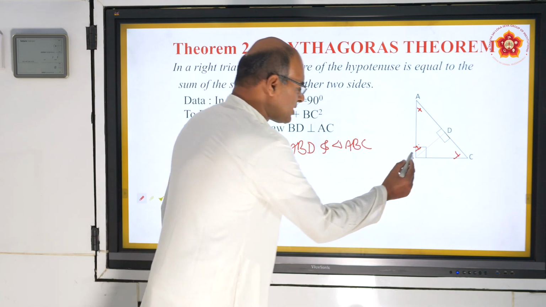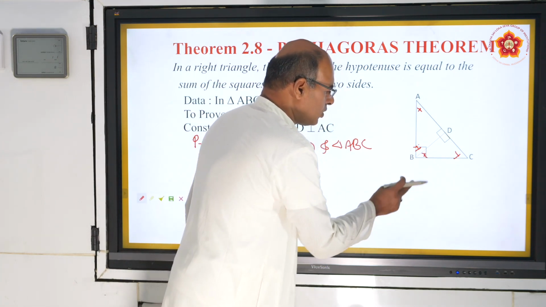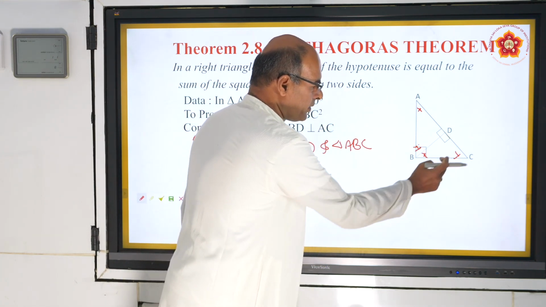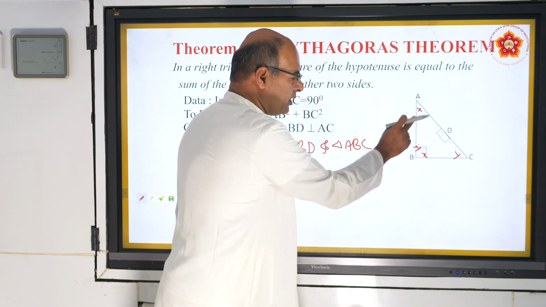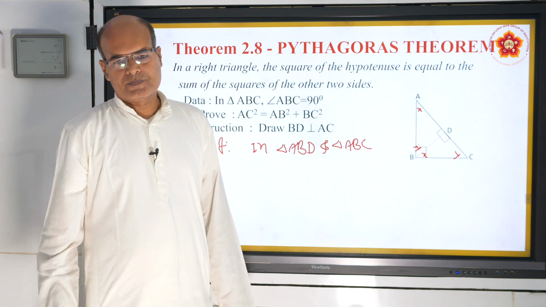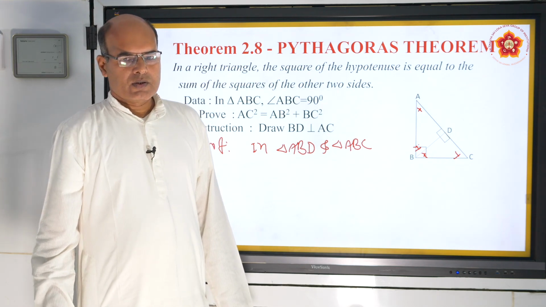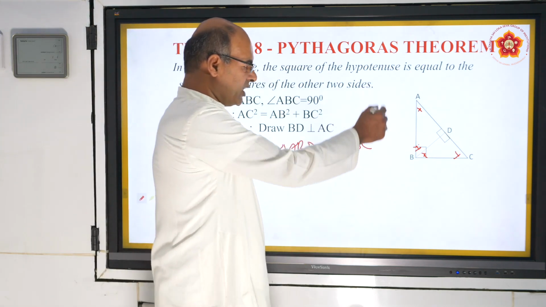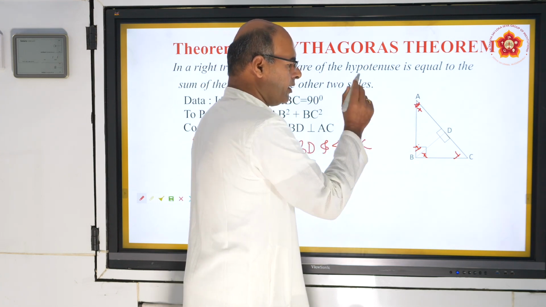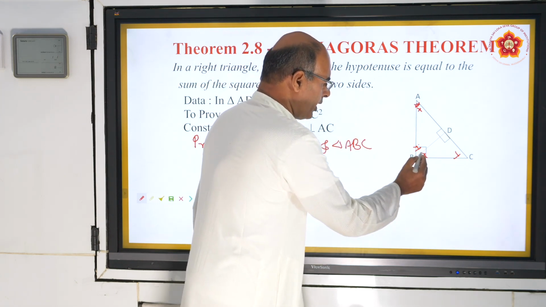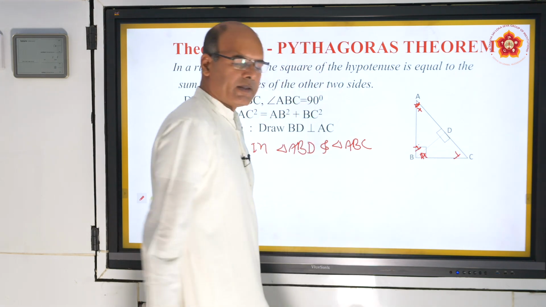It must be x. So look here also x plus y, here also x plus y; x plus y is 90 in each. So that means in this figure, angle A is equal to angle DBC.